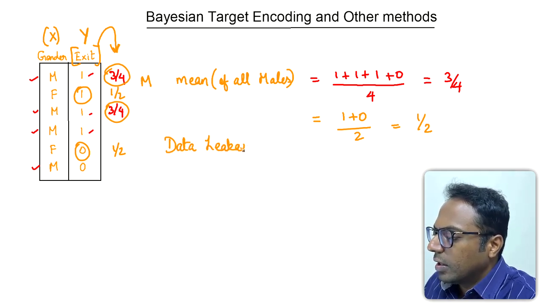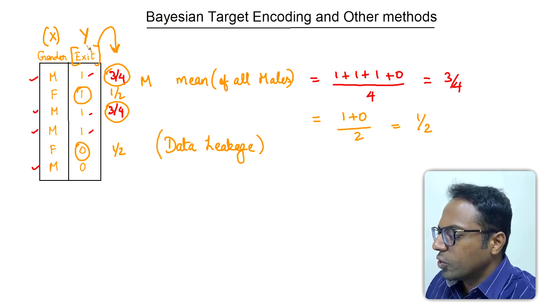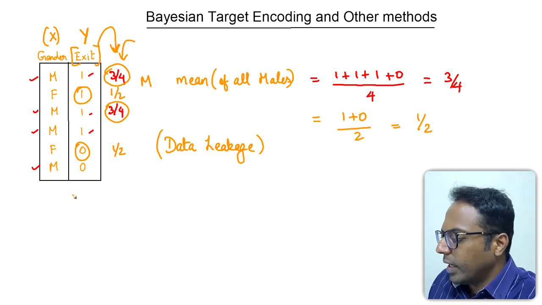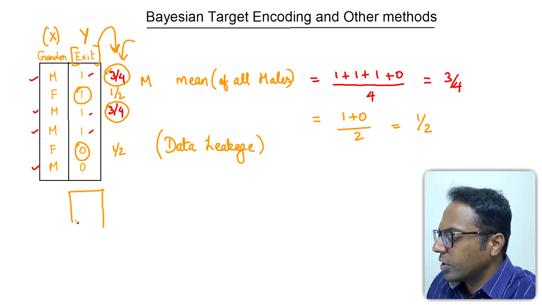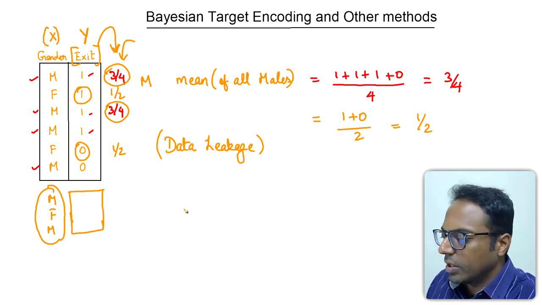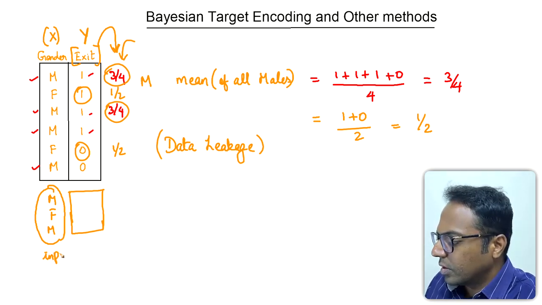We can still use this information, use this column that we have created to build your machine learning model. And for newer data, to make predictions for new data, suppose a new male comes here, new female comes here, new male comes here, alright? We will only know these categories. We want to predict, use the machine learning. So this is the input.